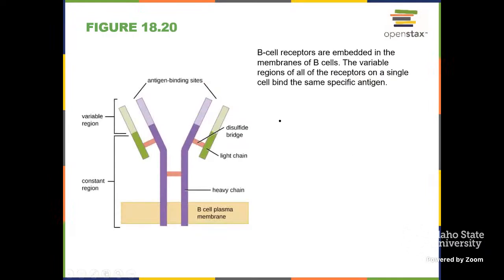So IgD is this guy right here. All right. It is a cell receptor on B cells. And we will see in a second some details about it.